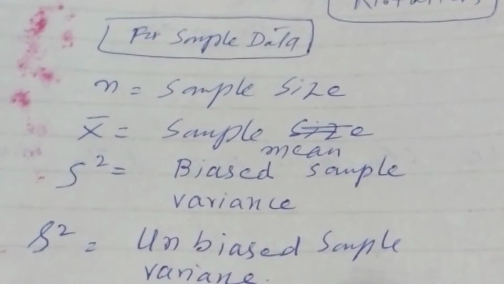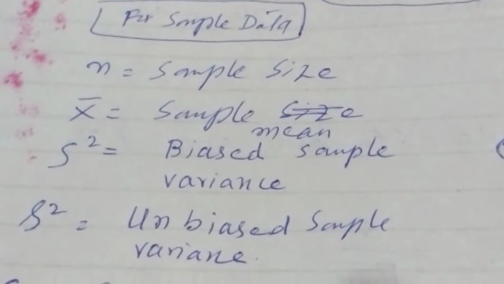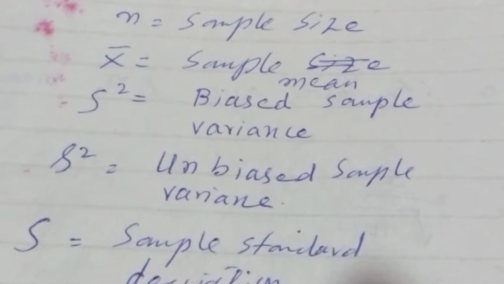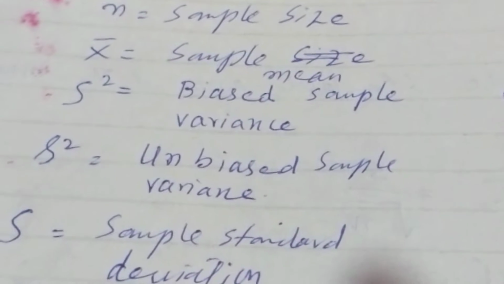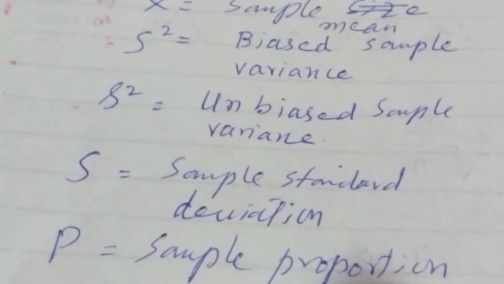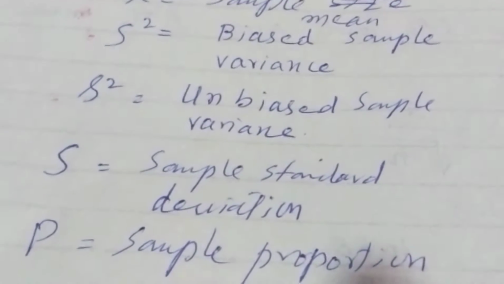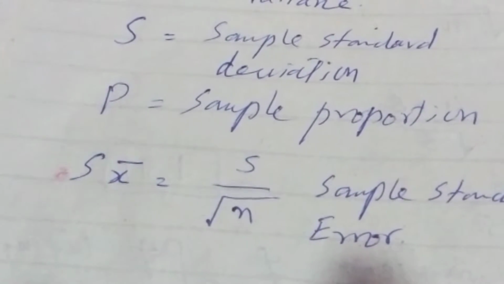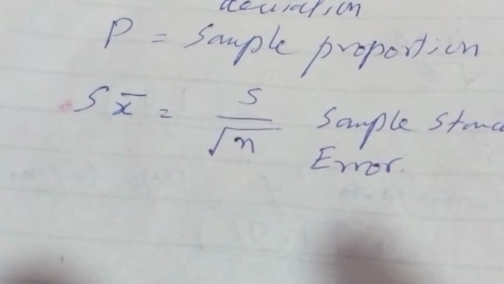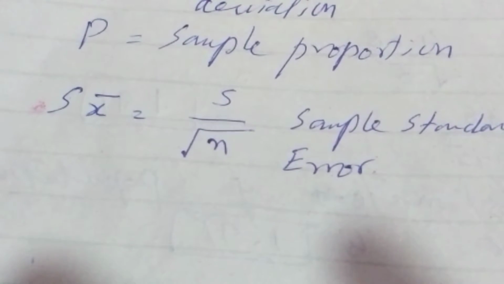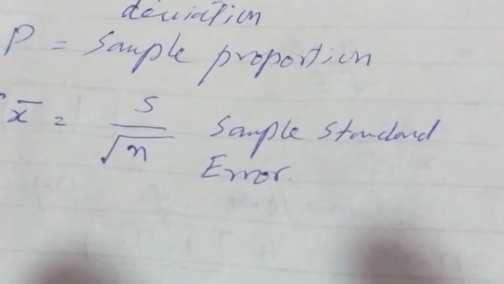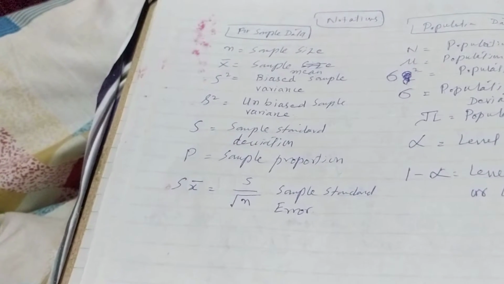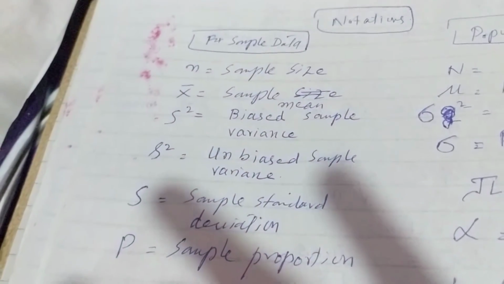First of all, for sample data, n is sample size, x bar is sample mean, s square is biased sample variance, whereas small s square is unbiased sample variance. Capital S is sample standard deviation, p is sample proportion, S over x bar, S by n under root, is sample standard error. So these are all notations for sample data.